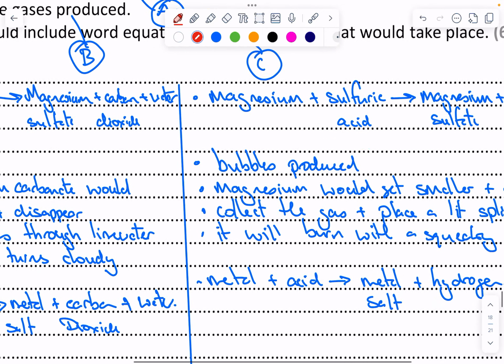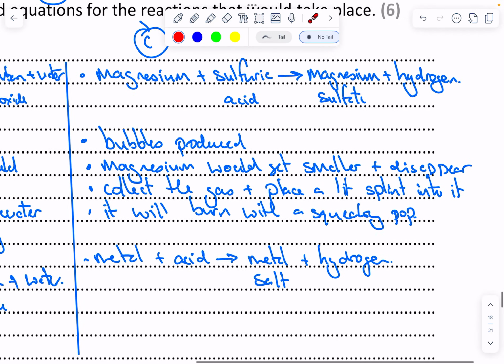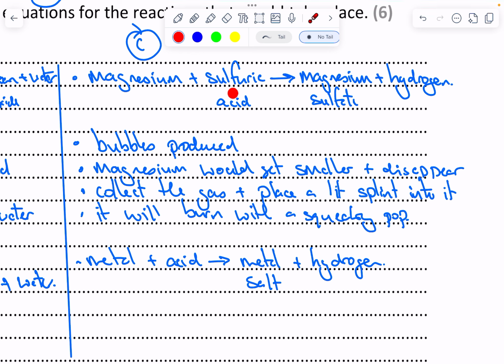On this side, we have got magnesium now reacting with the acid. Again, because it's sulfuric acid, it's going to make a sulfate and hydrogen gas is going to be released. So I've got my equations, which was part C of my plan. I've got the general equation here as well.